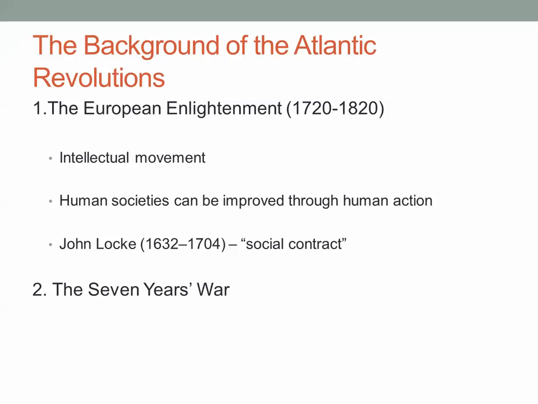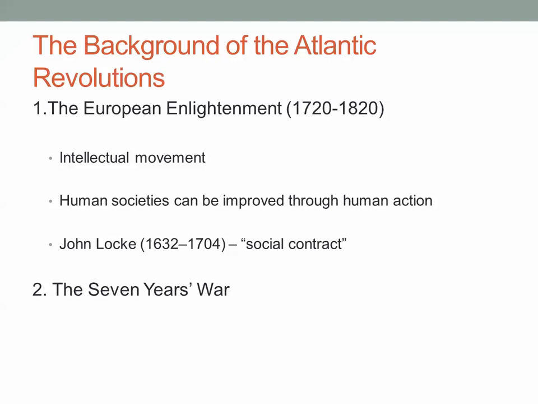What was it? It was an intellectual movement somewhere roughly between 1720 and 1820. It was a European movement, mostly among the educated elite, and all these Enlightenment thinkers that were known as the philosophers shared certain ideas.